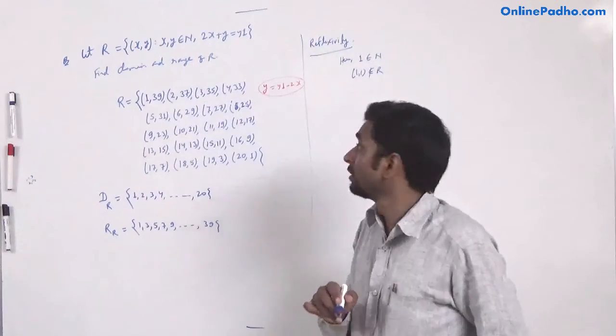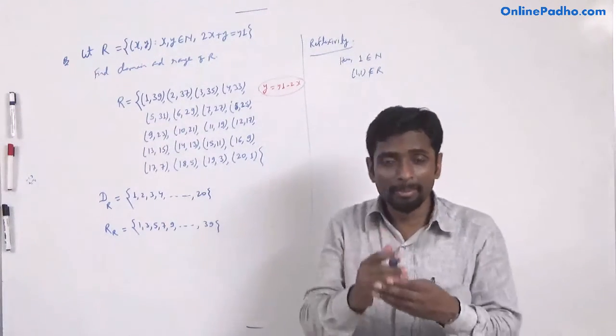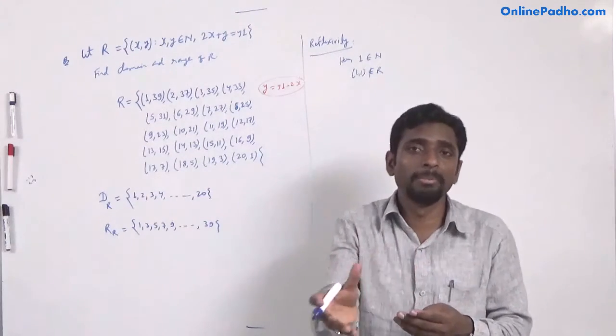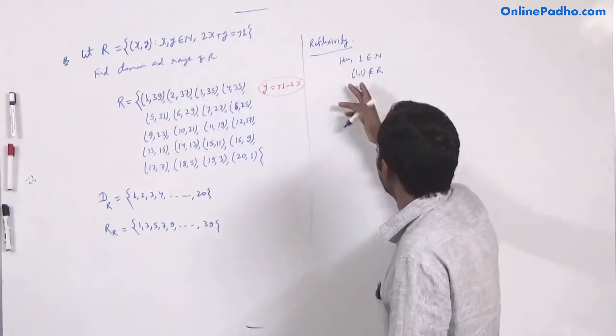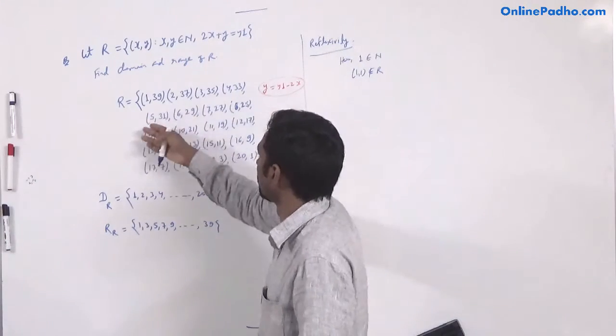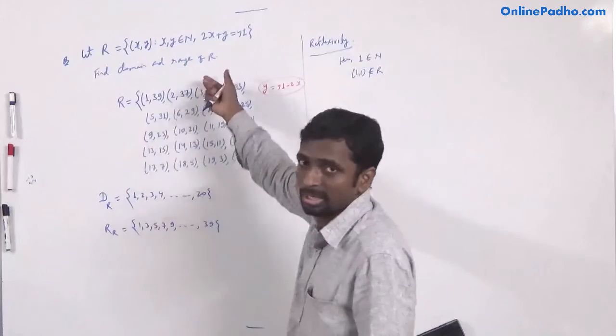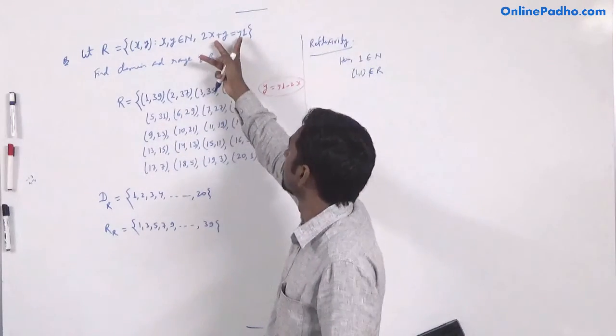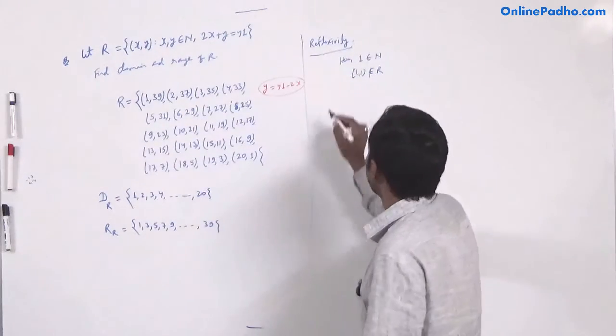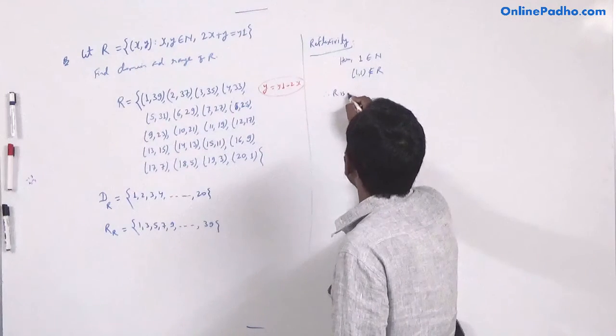What is the definition of reflexivity? If a belongs to the set A, then (a, a) must belong to the relation. But in this case, 1 does not belong to this relation, 2 does not, 3 does not. They do not satisfy this given equation. So therefore, we can say that R is not reflexive.